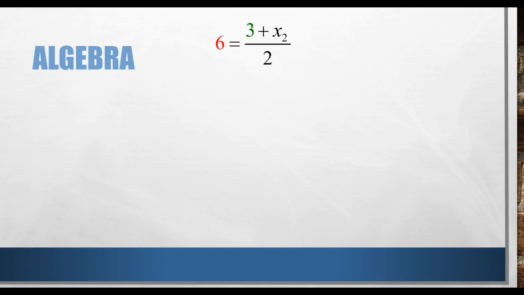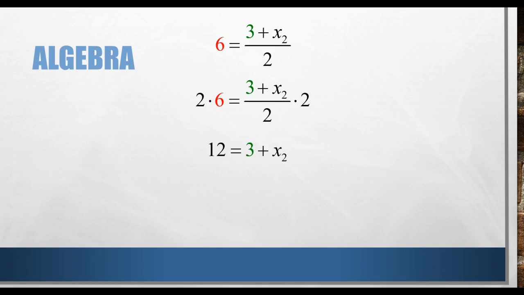The first thing I would do for this problem is multiply both sides by 2. I would get 12 equals 3 plus x2. After you subtract 3 from both sides, we get that x2 is 9.